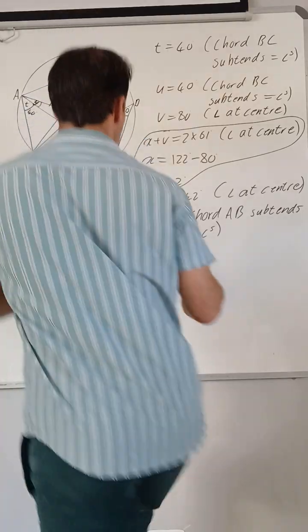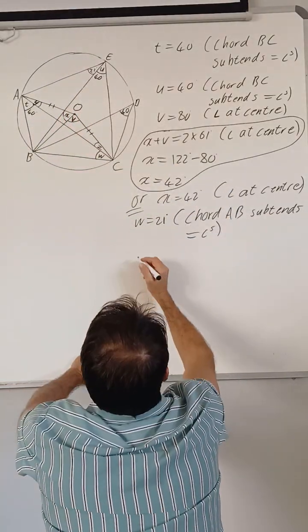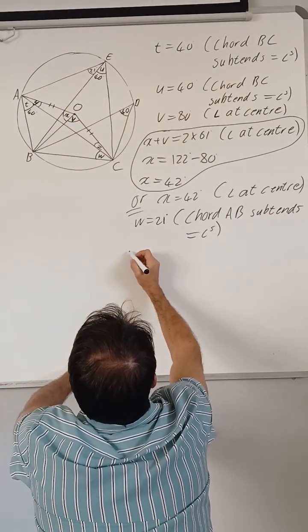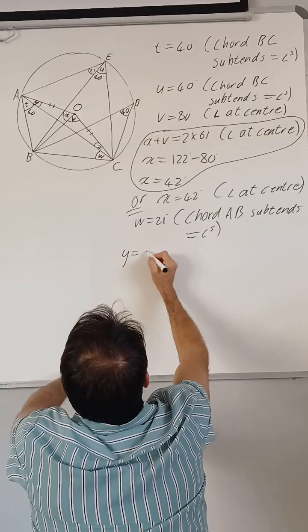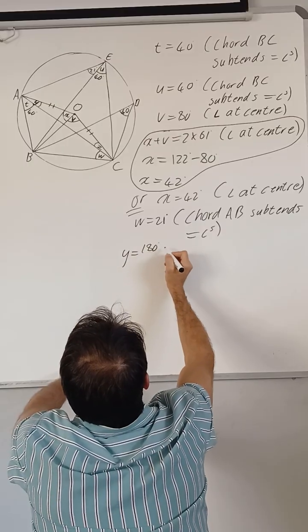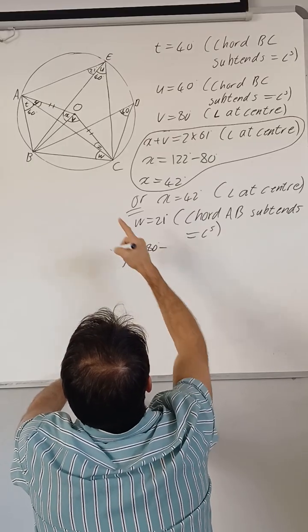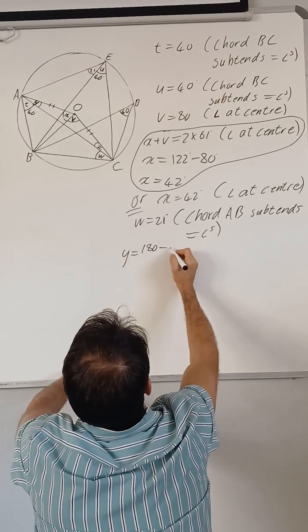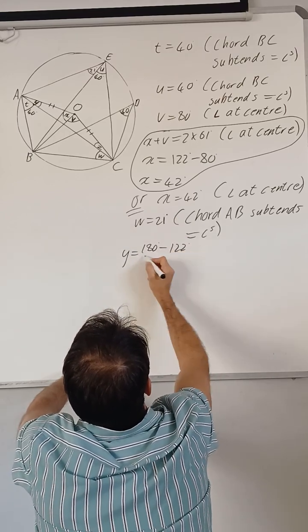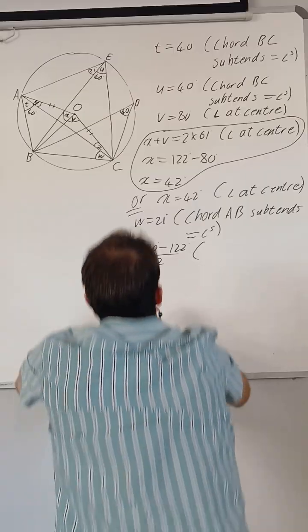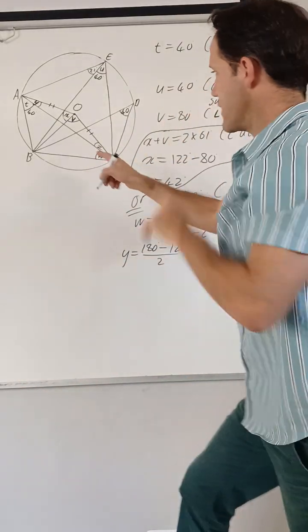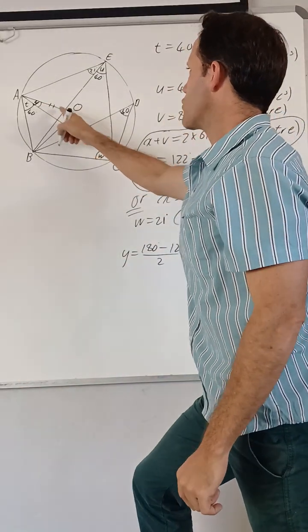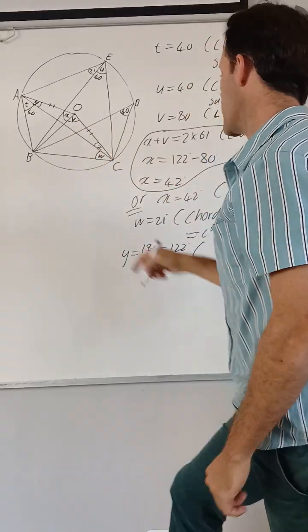So we can say that Y will be equal to 180 minus the center, which is 122, divided by 2. The same for Z. Y is 180 minus 122 divided by 2.